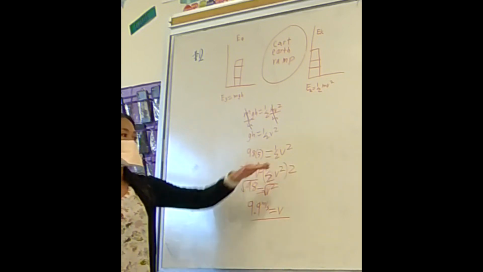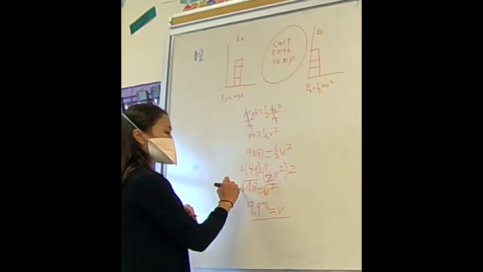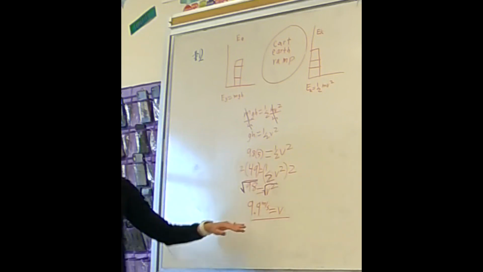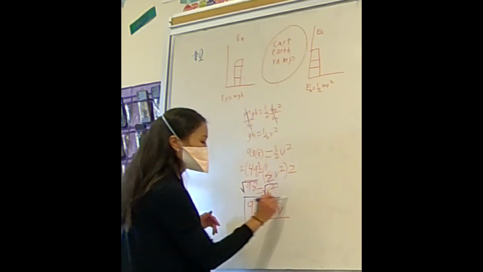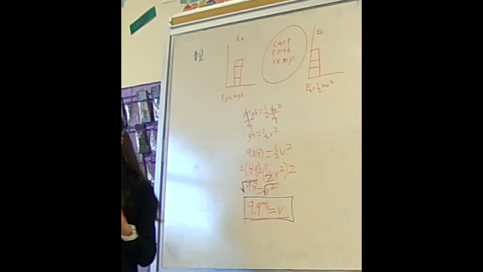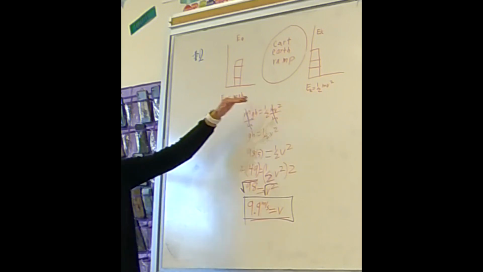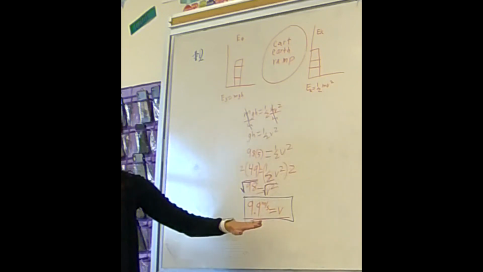And if you multiply 2 to both sides, you get 98. Take the square root, and you get 9.9. This is very similar to what we did in our warm-up. Any questions on problem number 2? We've got gravitational to kinetic energy, and we're solving for velocity.